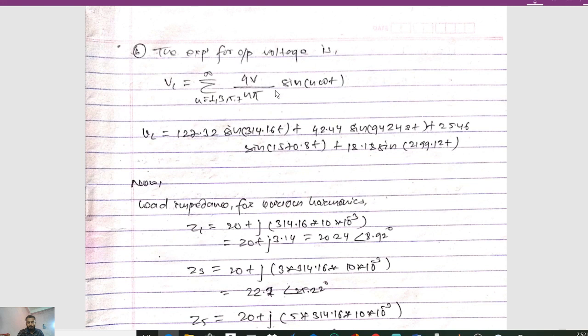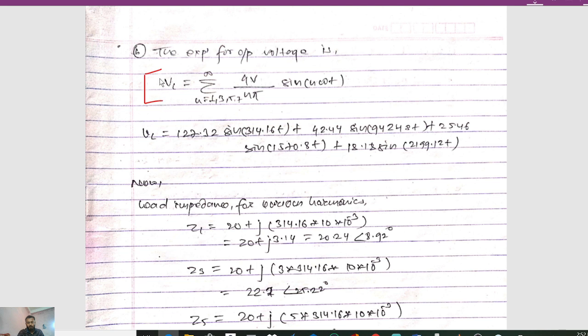Now the expression for output voltage is VL equals the summation for n equals 1, 3, 5, 7 up to infinity of 4V upon n pi sin n omega t. So this is the expression for output voltage VL.